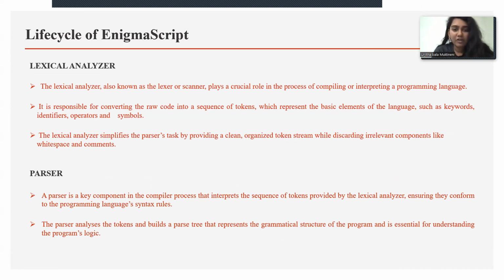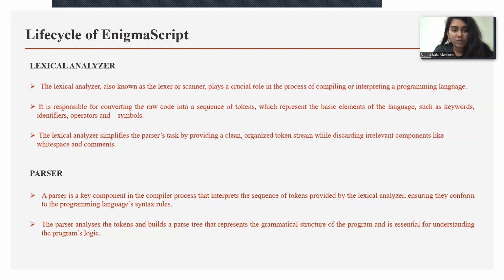The life cycle of EnigmaScript consists of several stages: source code, lexical analysis, parsing, intermediate code generation, and interpretation and compilation. The lexical analyzer, also known as the lexer, plays a crucial role in the process of compiling and interpreting the program.